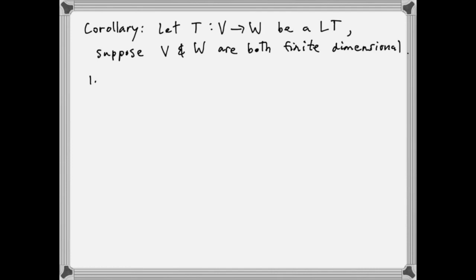First thing, if T is one-to-one, then the dimension of V is smaller than the dimension of W. Okay, so if T is one-to-one, then the dimension of V is less than or equal to the dimension of W. Second statement.